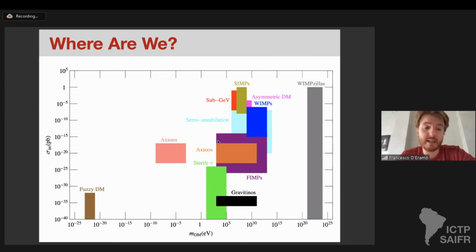We have no idea about the dark matter interactions, and I focus on two candidates just because this was an introductory course. So this is just the beginning of the discussion on the dark matter problem. It's something that I think everybody should know if you want to work on this. But I don't want to deliver the message that there are only these two candidates. There are many. Some of them are in this figure, but actually there are many more.